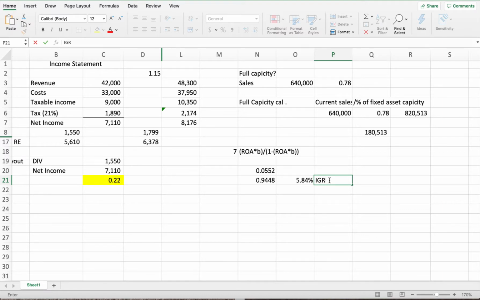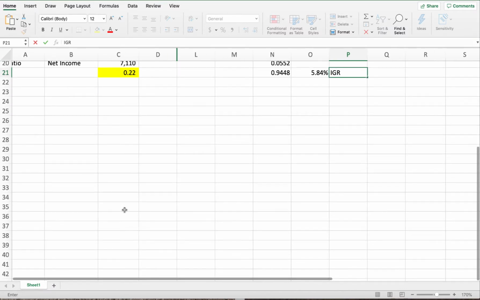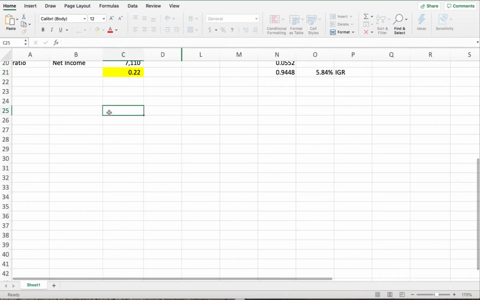You know what? Let's just plow through number 8. It's not really that difficult. They give us enough information here to figure out what the sustainable growth rate is. So the first thing we need to do is recognize what is the calculation for the sustainable growth rate?